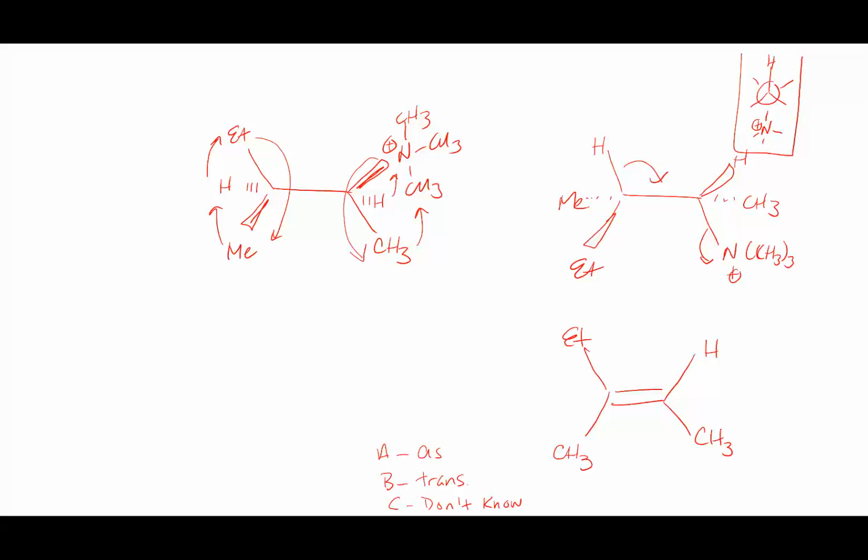So you could do this in a Newman projection if you wanted to, but in a sawhorse, just make those two on the in-plane positions. And then the two bolds are cis and the two dashed are cis.